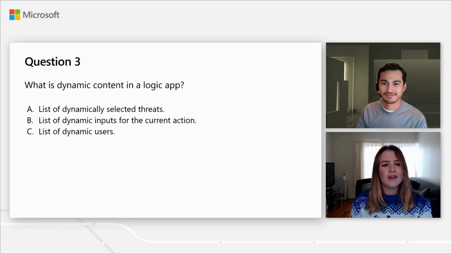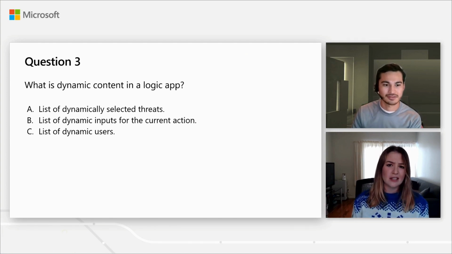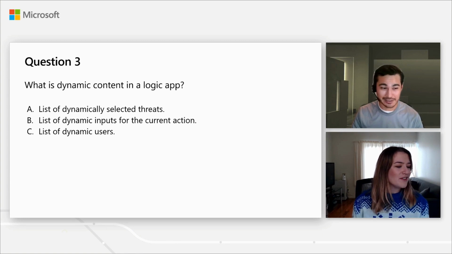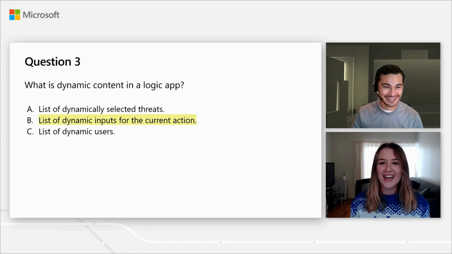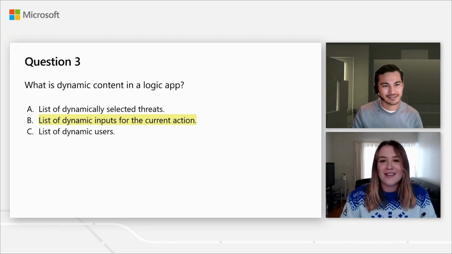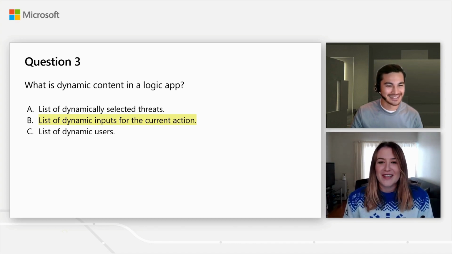If we have a look at that, dynamically selected threats doesn't make too much sense, because we're not dynamically selecting threats. We use dynamic content in the logic app to respond to threats. And Sarah, we actually have 96% of our audience already with the correct answer. I hadn't looked across my other screen to see what people had said. So maybe you folks don't need me to explain this one.